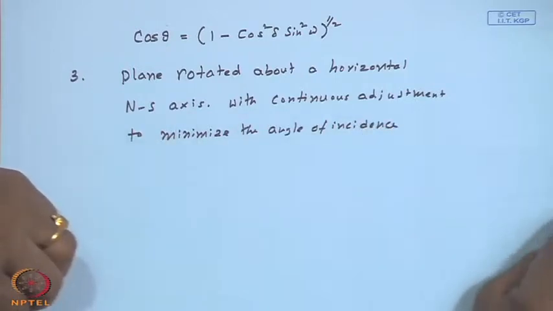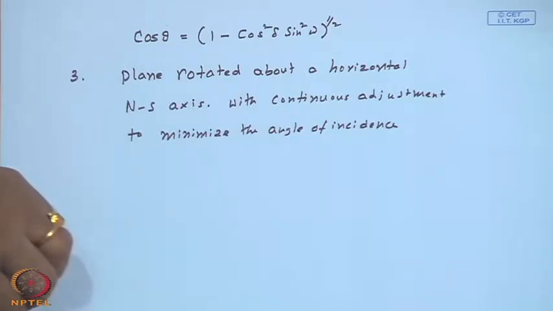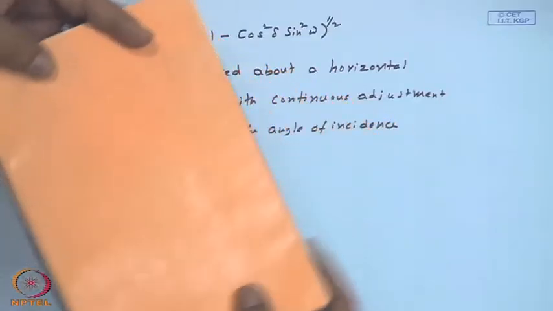So, in order to distinguish between the two modes we described earlier and the third mode that we are talking about now, let us say this is the horizontal north south axis and I turn towards east right in the morning, so that the sun's rays are near normal to the aperture plane, and I keep rotating, becomes horizontal around noon time and turns towards west as the sun goes to set in the west.